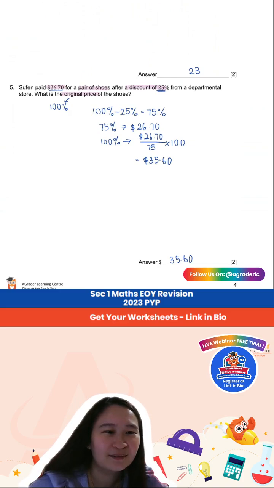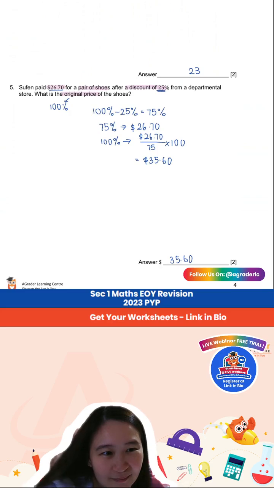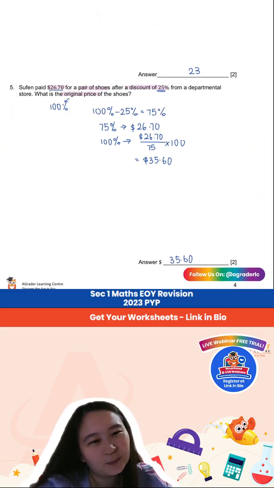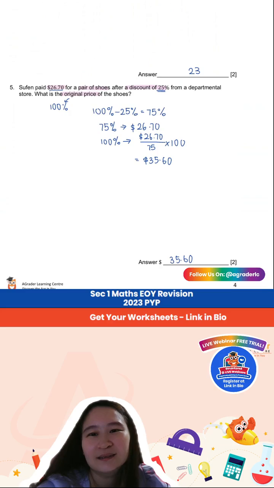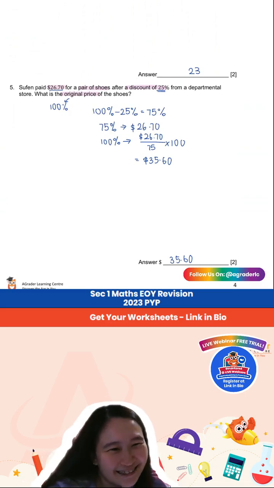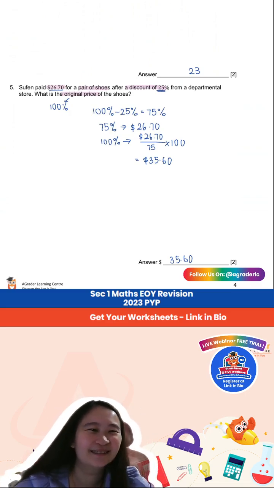What's wrong? So you're finding 1% first. But you still need to find 100%, right? Yup. Then that's the answer. Can you stop counting on? Okay.